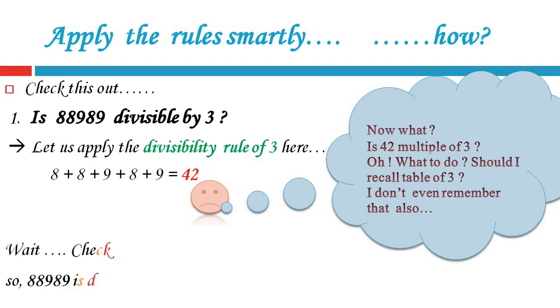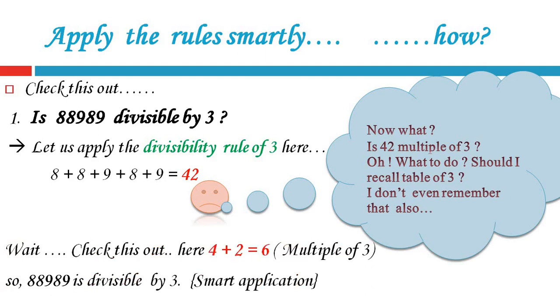So apply the divisibility rule again. Add the digits of 42. 4 plus 2 is 6. So here 6 is a multiple of 3. Hence the number 88,989 will also be divisible by 3. Isn't this the smart application of the rules that you have learnt? Don't get stuck. You have to think smartly.